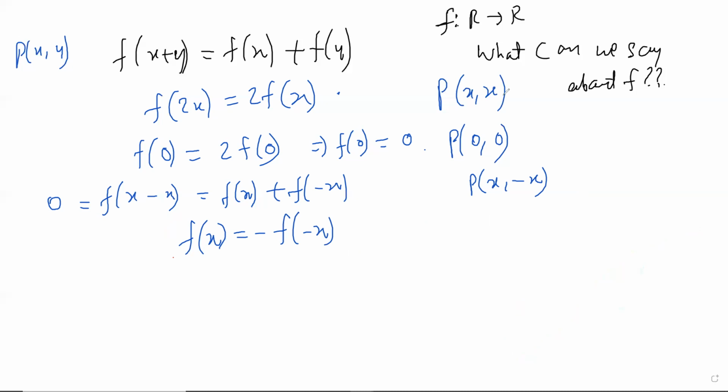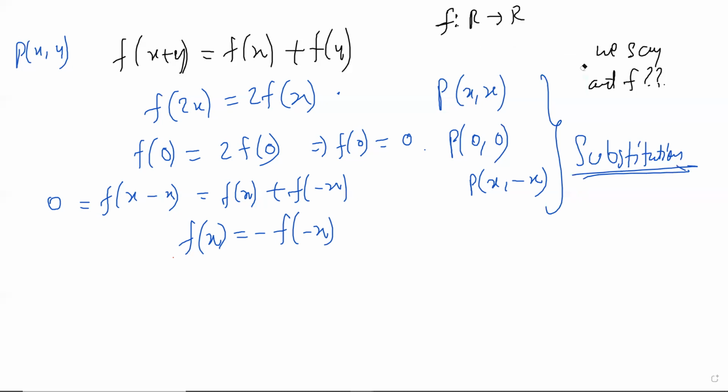We have tried substituting all kinds of things, right? This is probably the most basic first technique. But at this point, what do we do now? So now we have to be more specific.